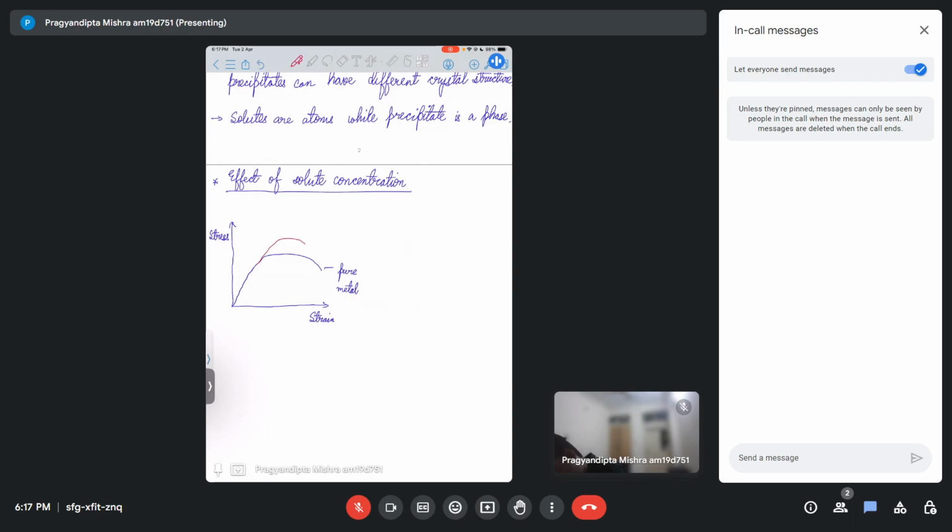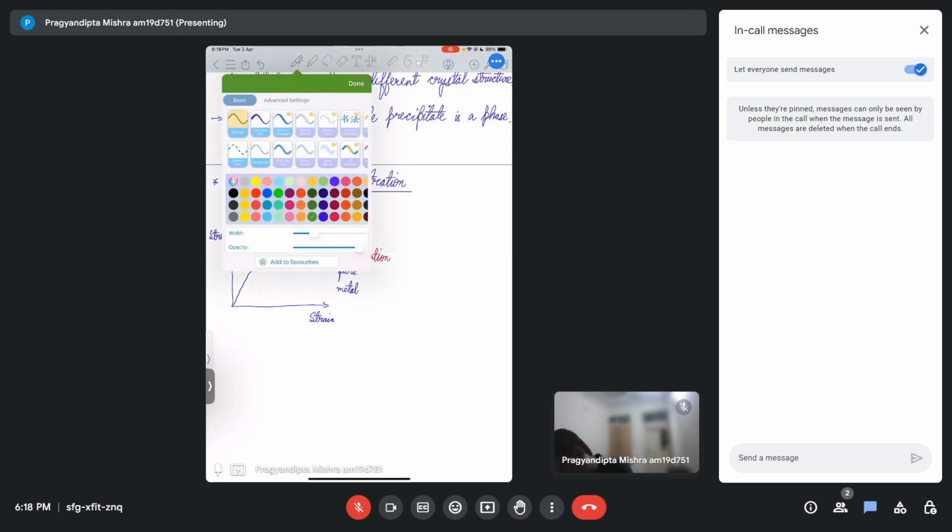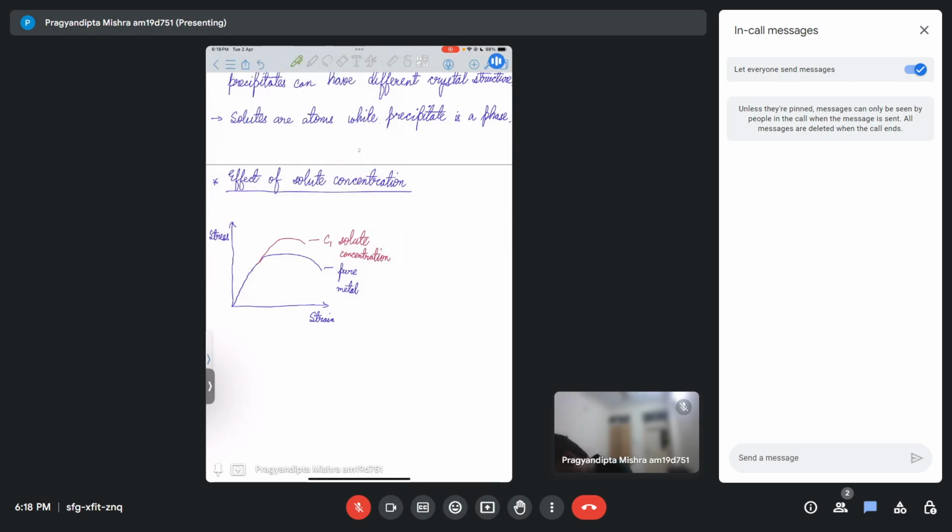So this is C1 solute concentration. Then you'll see another one, if I add beyond that, it will be C2.